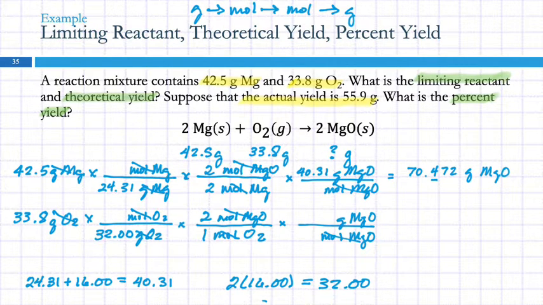It's just going to be the same. So 40.31. 33.8 divided by 32 times 2 times 40.31. And this is giving me 85.154 grams.